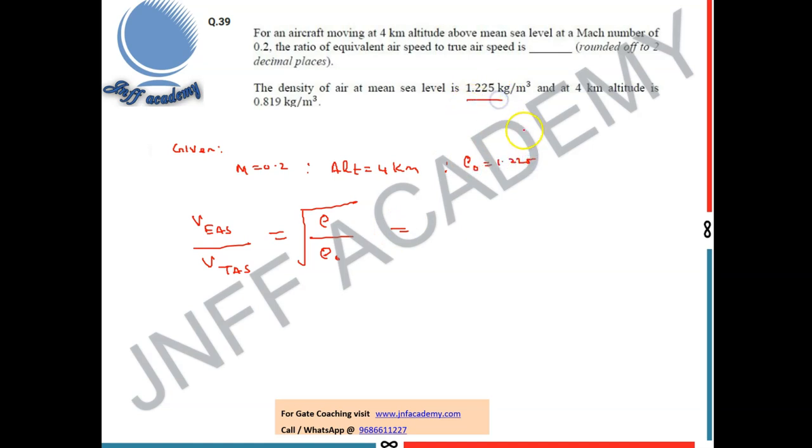Similarly, rho at altitude, which is in this case 4 kilometer altitude, is also clearly given in the question, 0.8219 kg per meter cube, and this is also kg per meter cube.